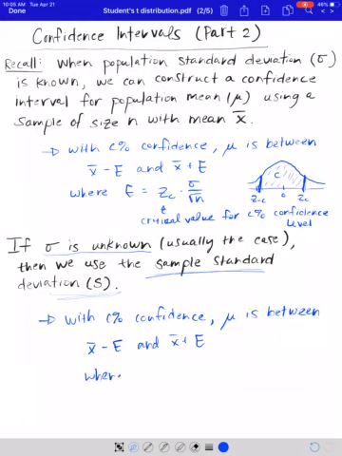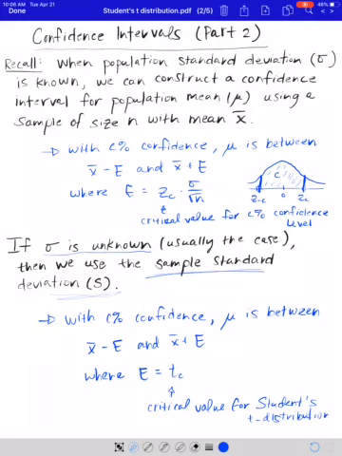And our margin of error this time, our formula is a little different, but very similar. We get, instead, we're going to call it T sub c, and this here is a critical value for what's called the student's T distribution, which we will discuss a little bit more in just a minute.